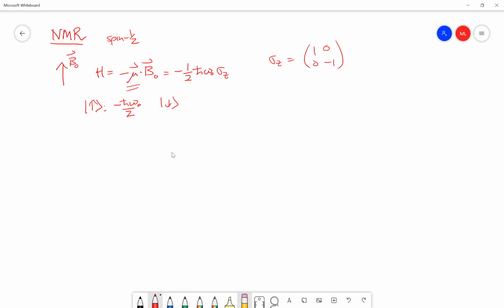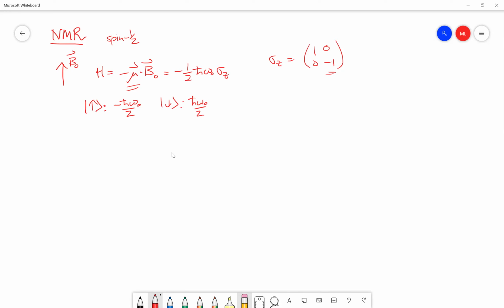If you're spin down, that's less favorable. So that has h bar omega naught over 2 as its energy, so it's got a larger energy if you're anti-aligned with the field.